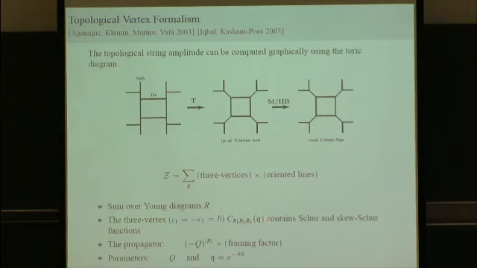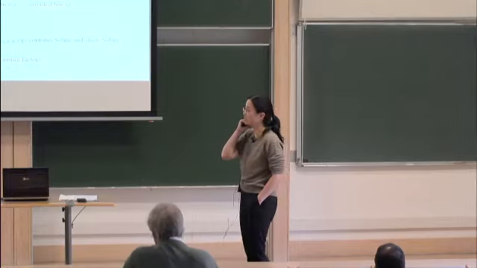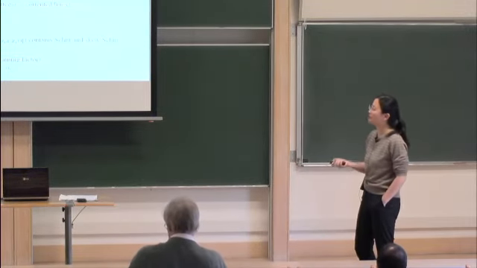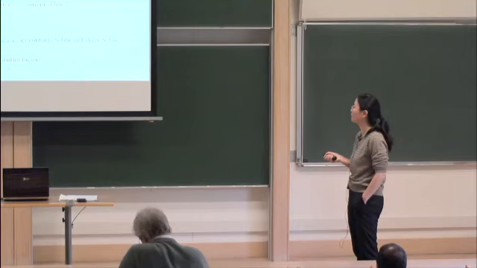The contribution of the 3 vertex was computed in this paper, and it contains mathematical functions which are called Schur functions and the skew Schur functions. There is a whole list of different identities that you can write down for these.